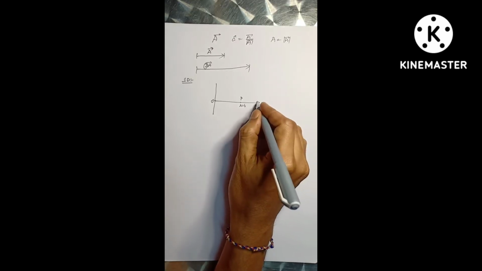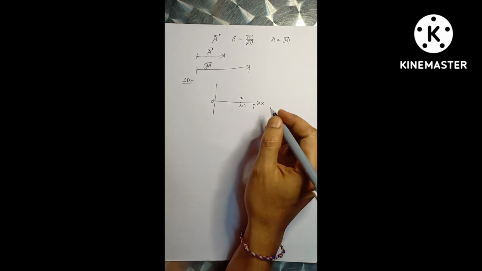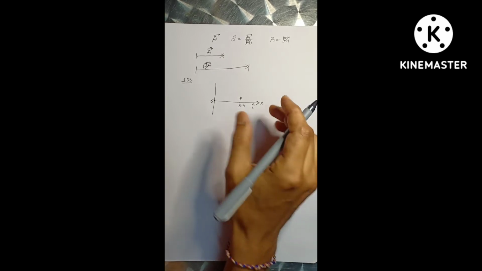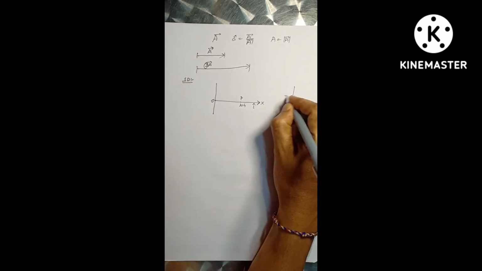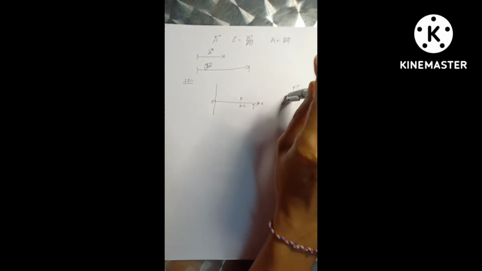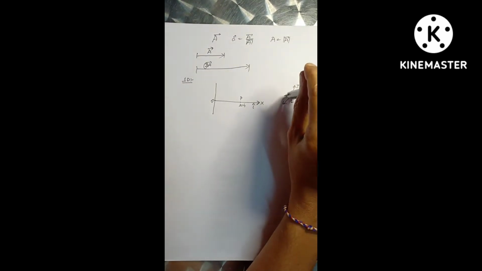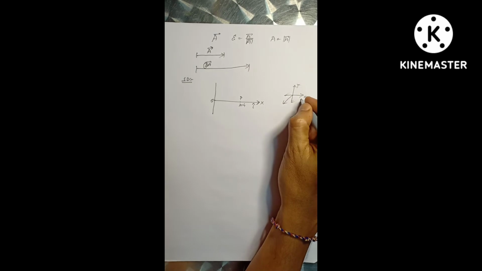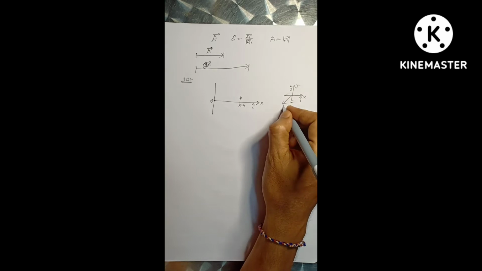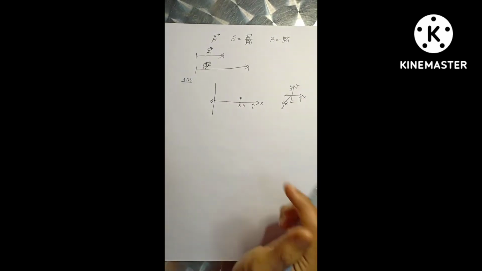Remember, along the x-axis the unit vector is i cap, along the y-axis the unit vector is j cap, and along the z-axis the unit vector is k cap. Here x and y are on the plane of the paper, and z means the perpendicular direction. Remember these unit vector directions.